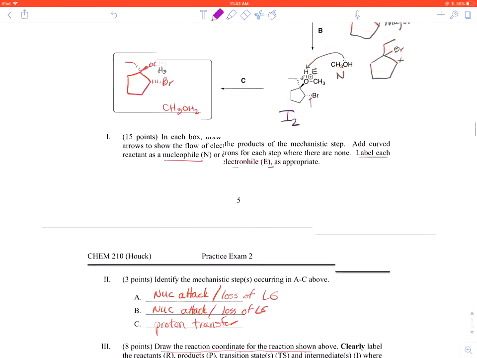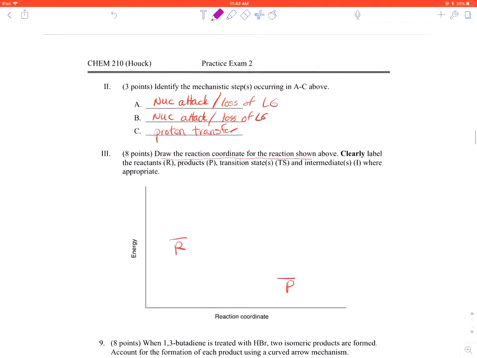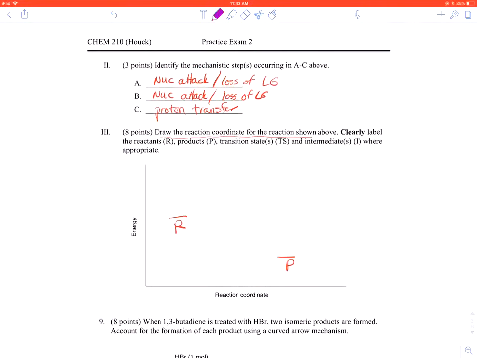And the bromonium ion will be higher in energy than the oxonium because of the three-membered ring. And that's it. We have transition states here at each peak of that, okay?